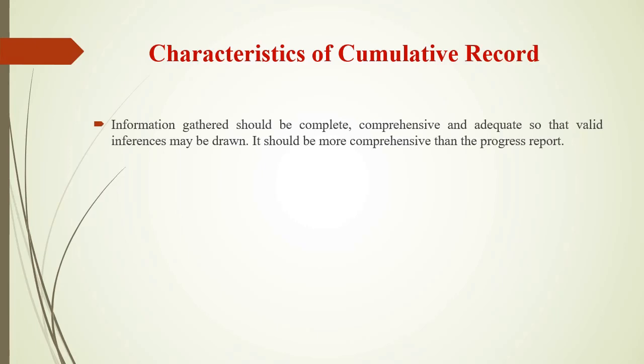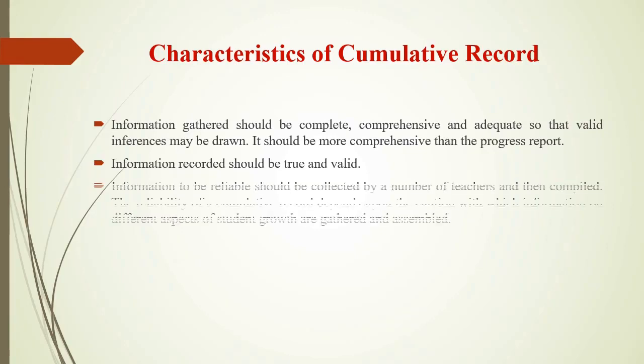Characteristics of CRC. Information gathered should be complete, comprehensive, and adequate so that valid inferences may be drawn, and it should be more comprehensive than the progress report. Information recorded should be true and valid.